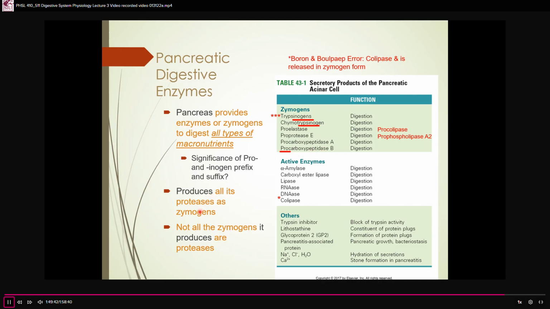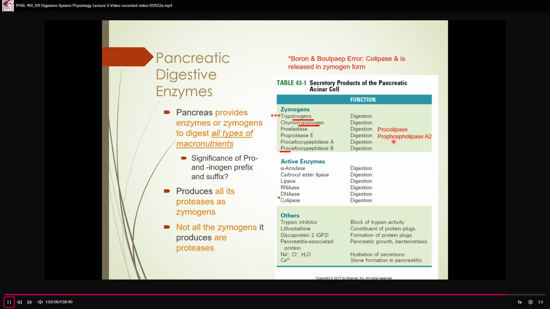So it turns out that all of the protein digesting enzymes are made in zymogen form. But not all zymogens that it makes are proteases that work on proteins. For instance, it makes phospholipase A2, as a pro-phospholipase A2 zymogen that has to undergo cleavage and become active phospholipase A2.